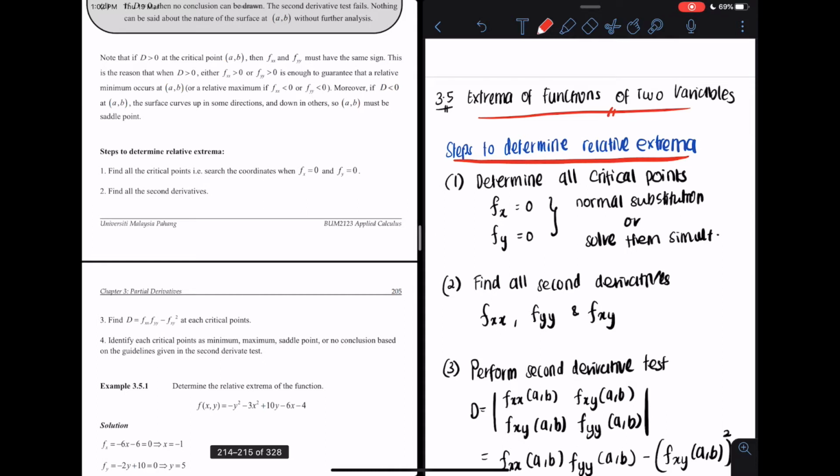The critical points of the functions can be obtained by equating the first order partial derivatives, which are fx and fy, equal to 0.